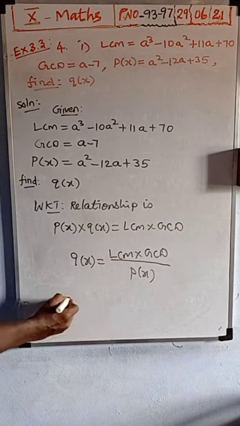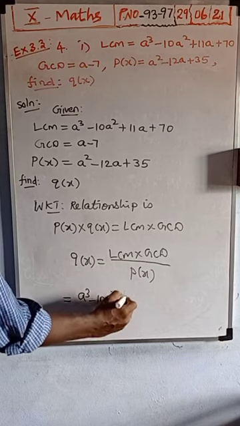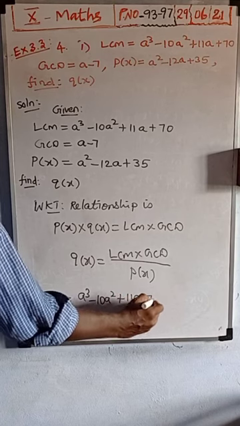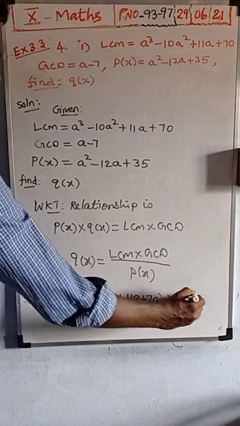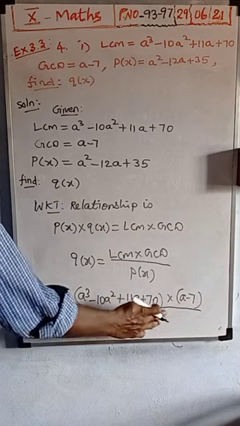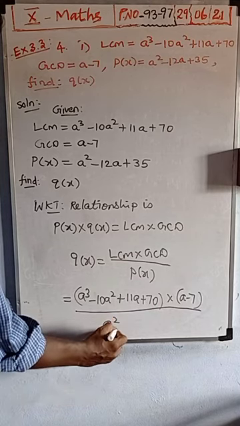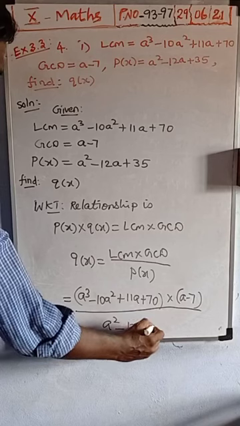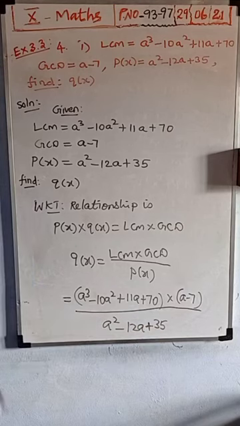What is that LCM? Here a cube minus 10a squared plus 11a plus 70, then into GCD, a minus 7, whole divided by the denominator p of x, a square minus 12a plus 35.